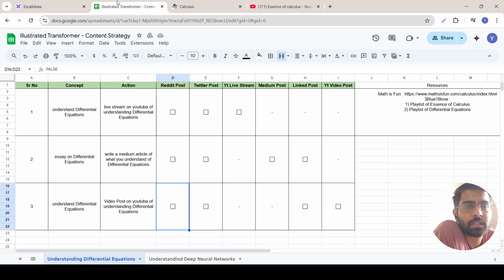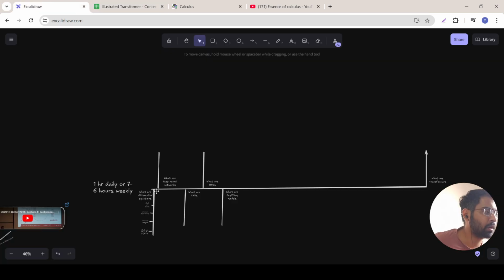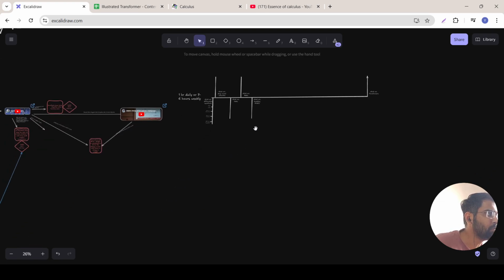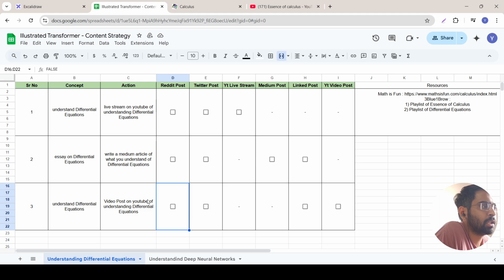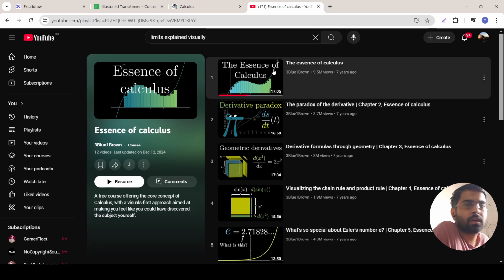So today I just crafted this whole syllabus, the action steps, and the posts that I need to make. And yeah, that's it, boys. I don't think we need to extend this. So let's start with calculus. Bye.